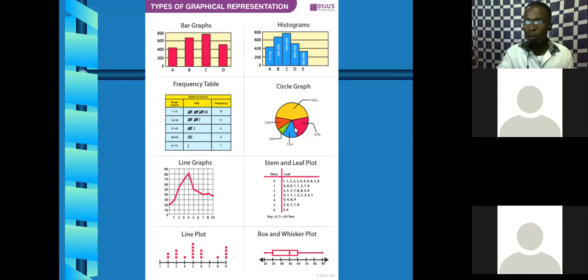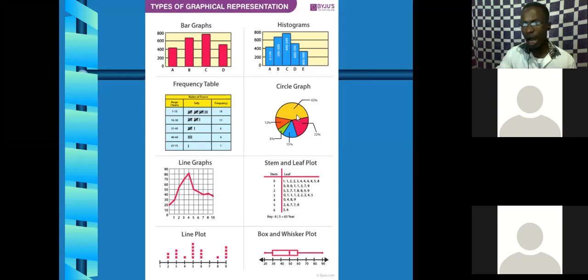The size of the sector, when you are looking at a circle graph, represents the frequency. Remember these are sectors, right? Or you can say that the size of the angle subtending each sector is equivalent to the frequency.